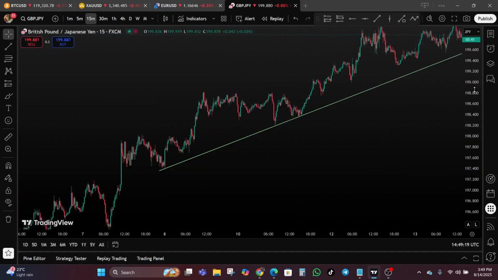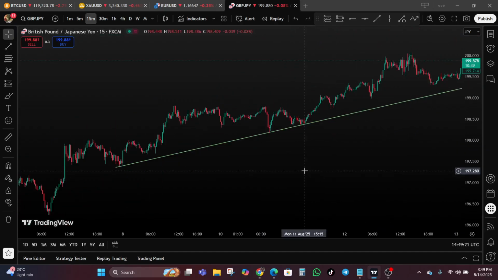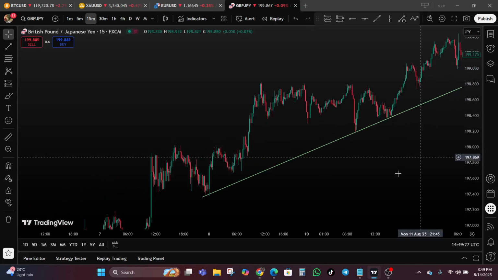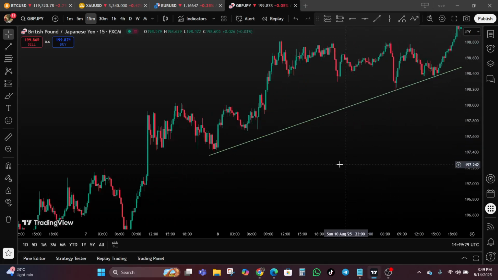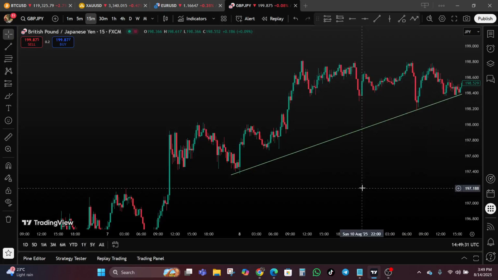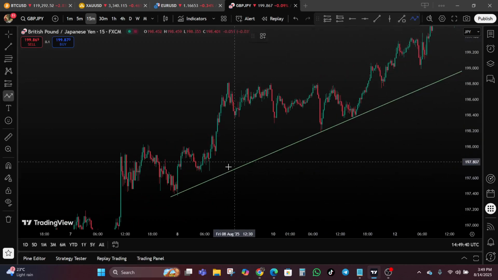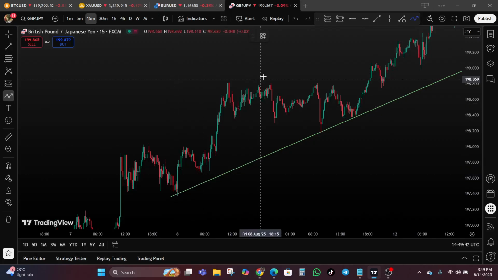So now we are going to be looking at how you can identify valid order blocks. A valid bullish order block is typically the last bearish candle before a strong move upward that breaks market structure. So if you look closely, this is a bullish trend, right?